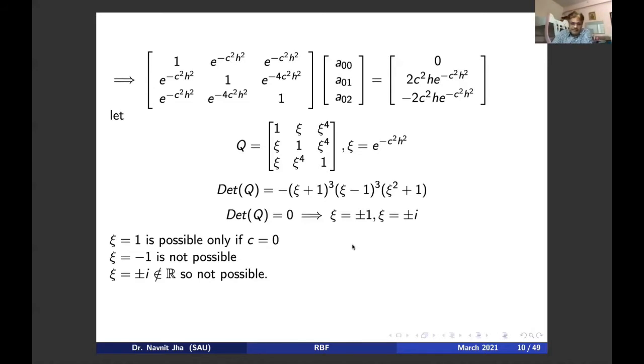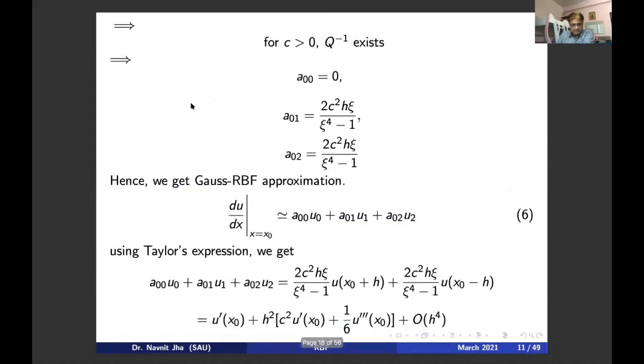So this matrix is invertible in each case for calculation of this weight coefficient. Now, next question. So I can say that C is greater than 0 and Q inverse exists, and I have got the value of A00, A01, A02 as this value.